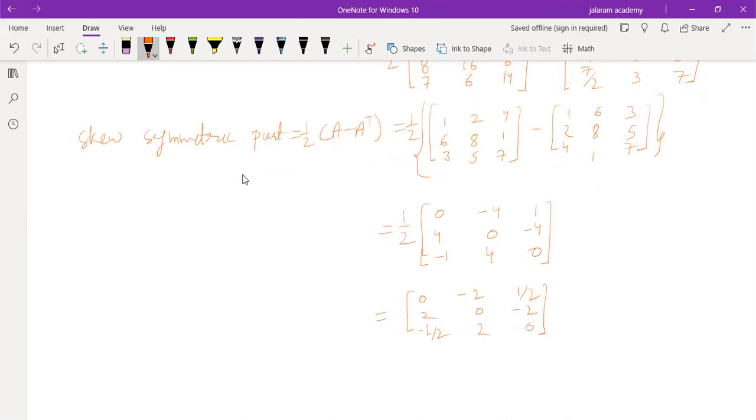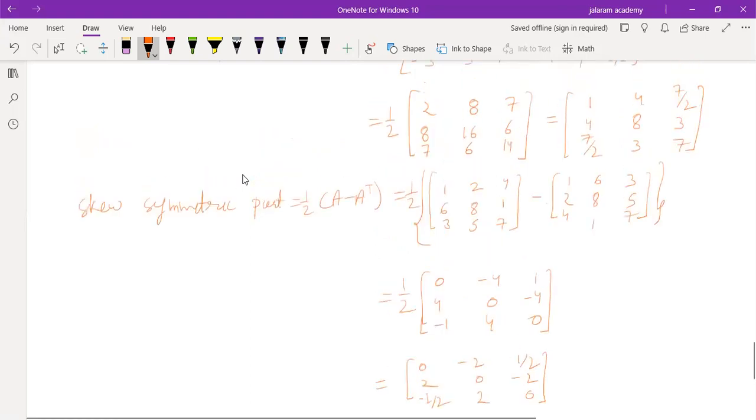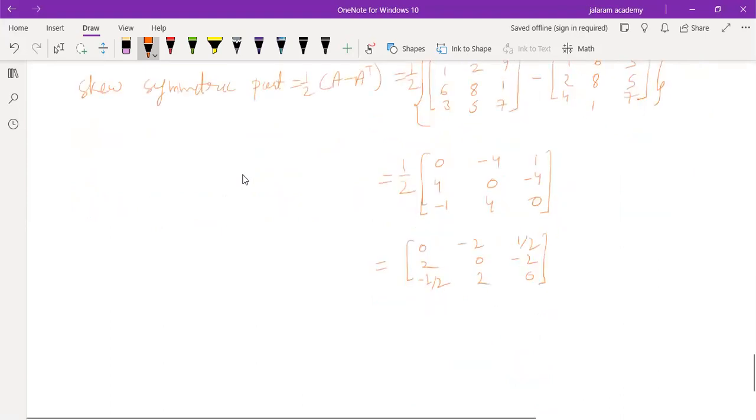If you add these two matrices, one of which is symmetric, check is it symmetric? 1, 4, 7 by 2, and 1, 4, 7 by 2. First row and first column are same. Second row 4, 8, 3, second column 4, 8, 3. Third row 7 by 2, 3, 7, third column the same, correct. And the skew symmetric part has 0 on the diagonal, 2 and minus 2, half and minus half, yes.